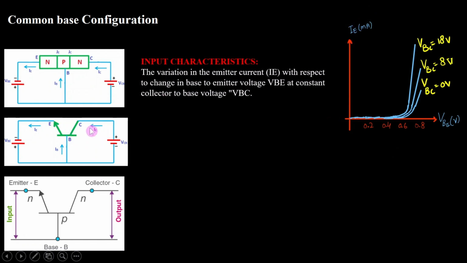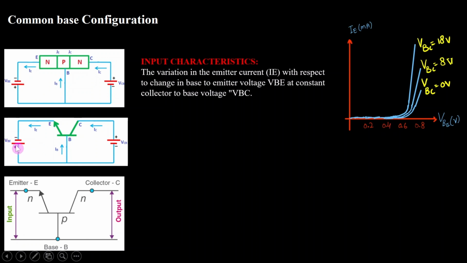In order to analyze the variation in two quantities, we take the other quantity as a constant. Therefore we take VCB as a constant, and we are going to change IE by changing VBE.